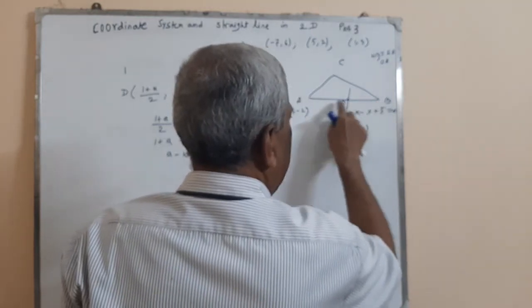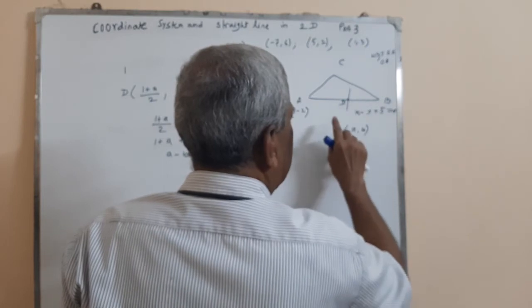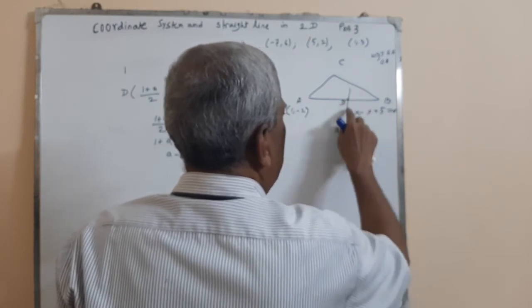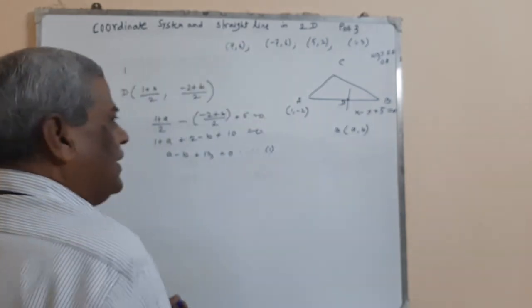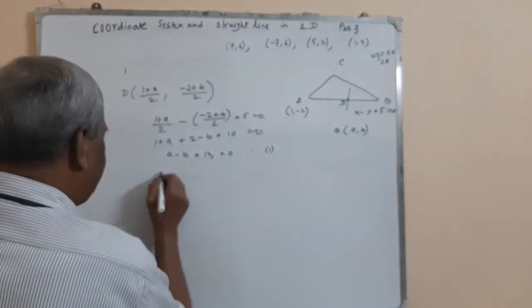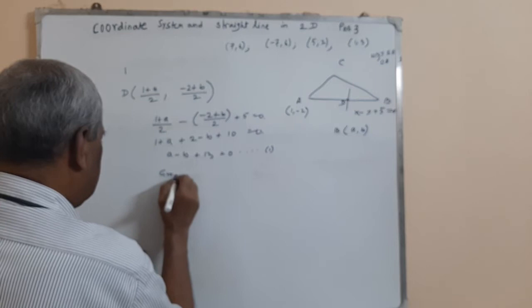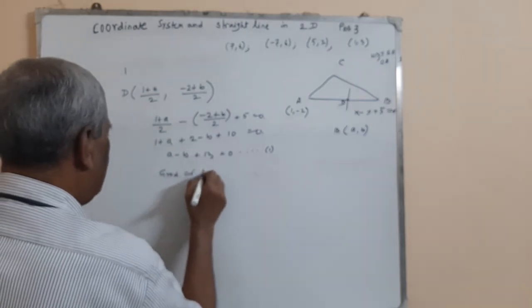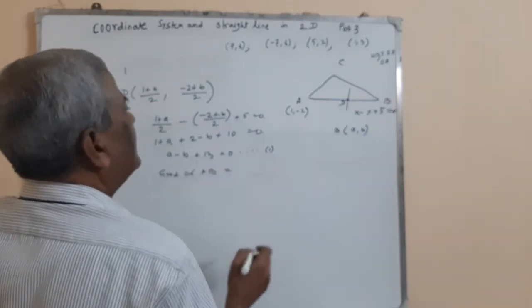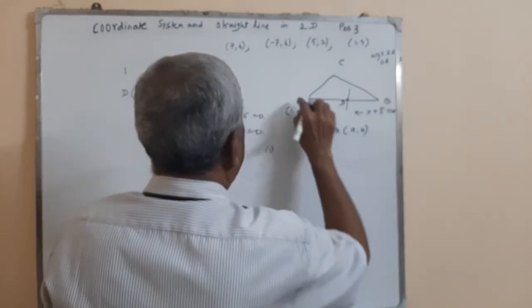So this gradient and its gradient. Okay. Now gradient of AB: B is this, A is that.